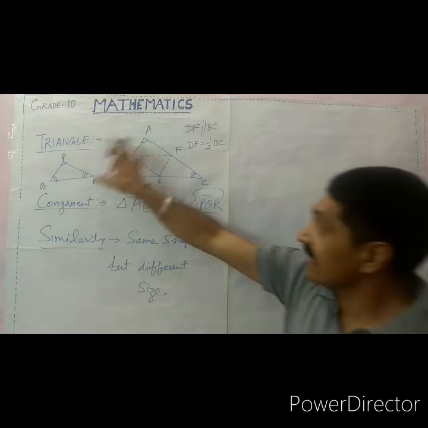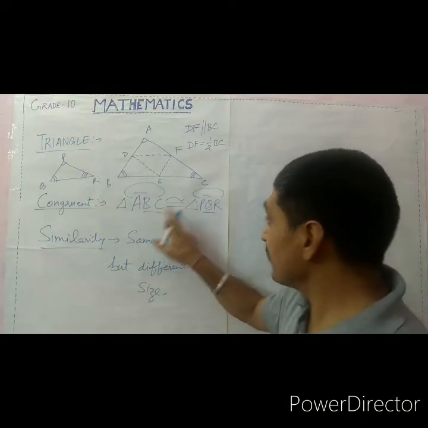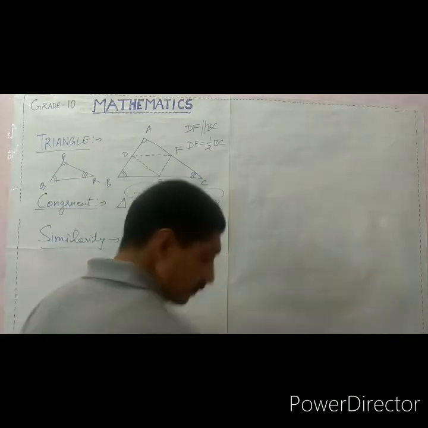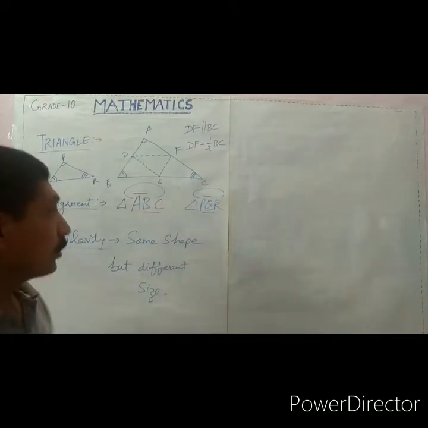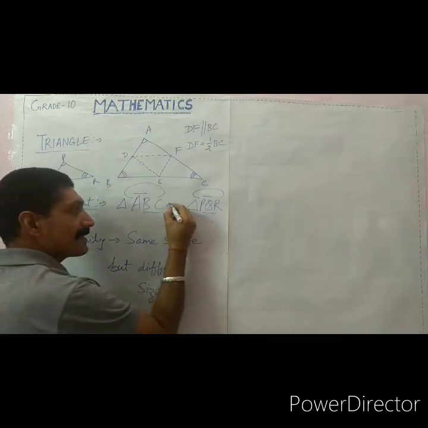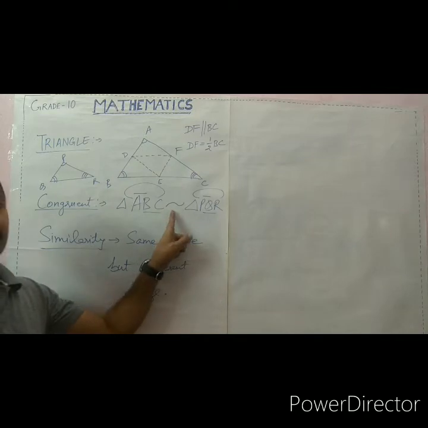So we say that triangle ABC is similar to triangle PQR. This is a sign of similarity.